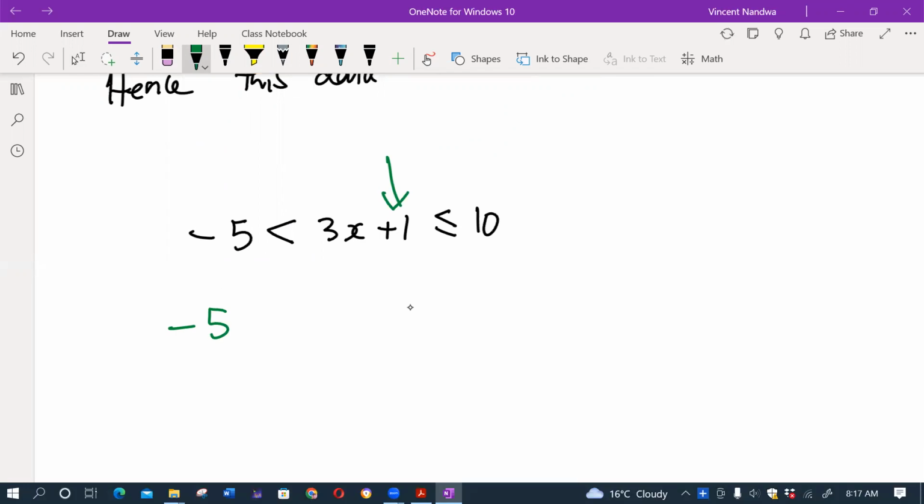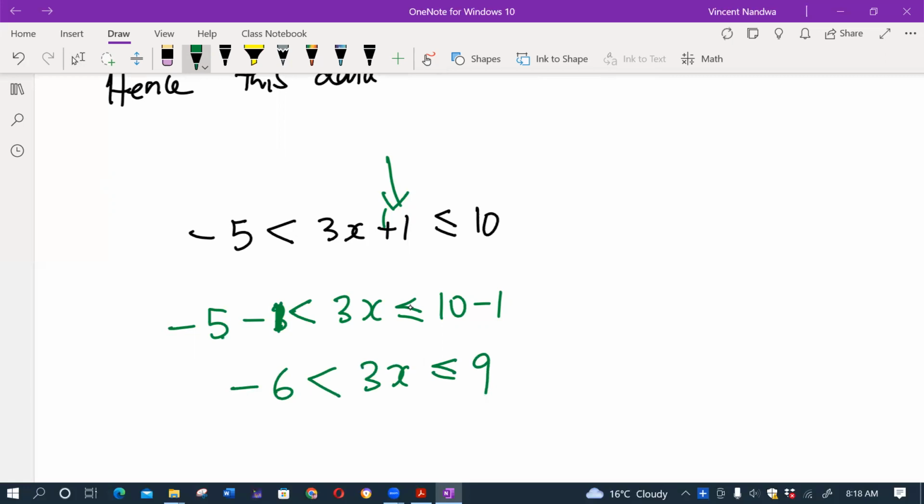So we have -5 minus 1 less than 3x, when you subtract 1, then you don't have the constant, less than or equal to 10 minus 1. -5 minus 1 is -6, less than 3x less than or equal to 9.